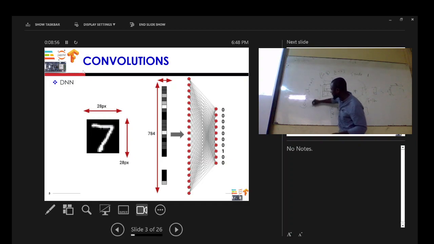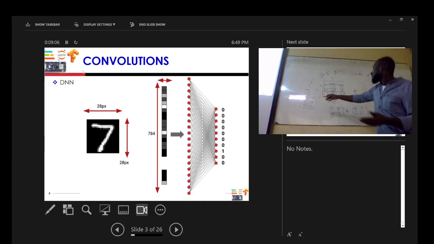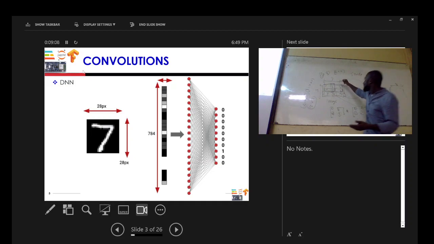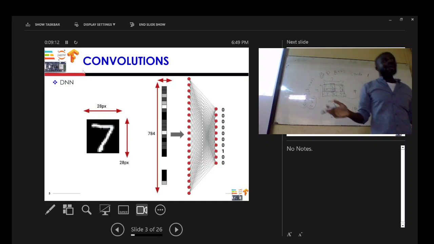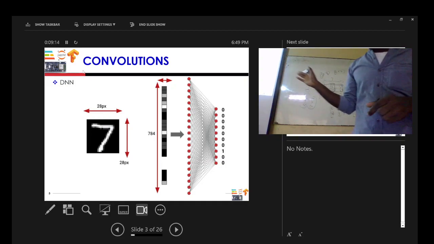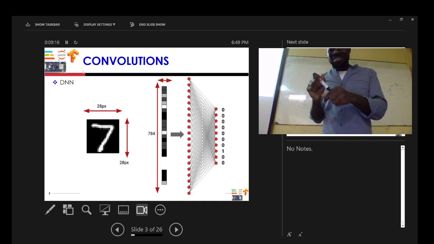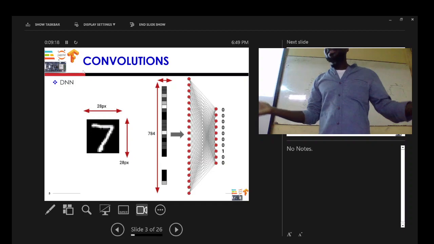So it will be a 2 by 2. So you take this value here minus this value here plus 1. The height minus the height of the filter plus 1 will give you the dimension. Very, very important, right? You do understand?